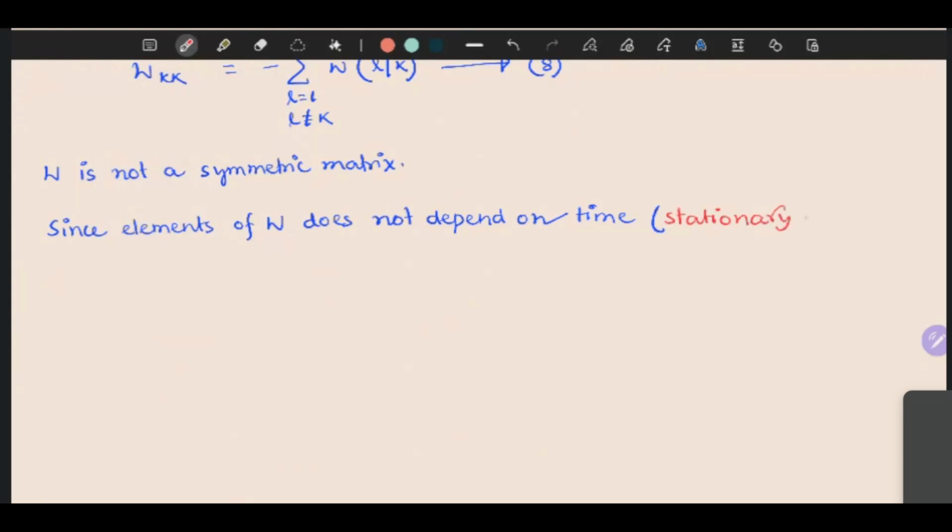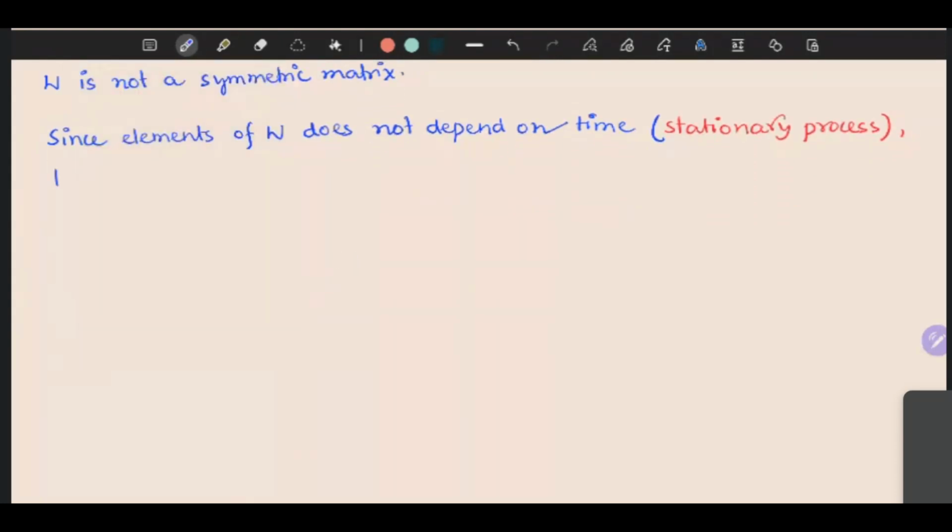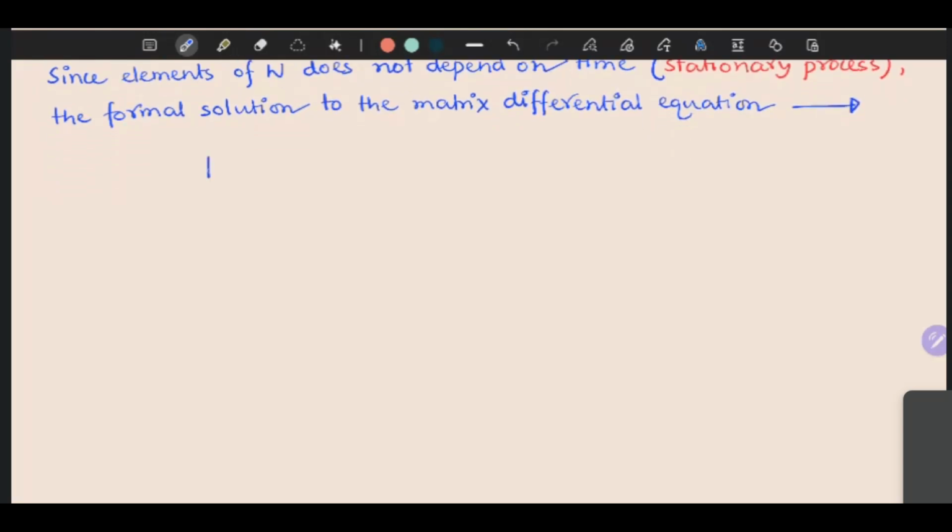If that is the case, then the formal solution to the matrix differential equation will be P of t is equal to e to the power Wt P naught, given the initial condition P naught. This is equation number 9.